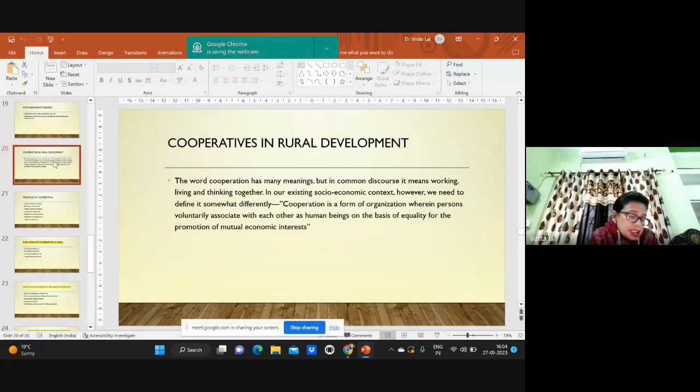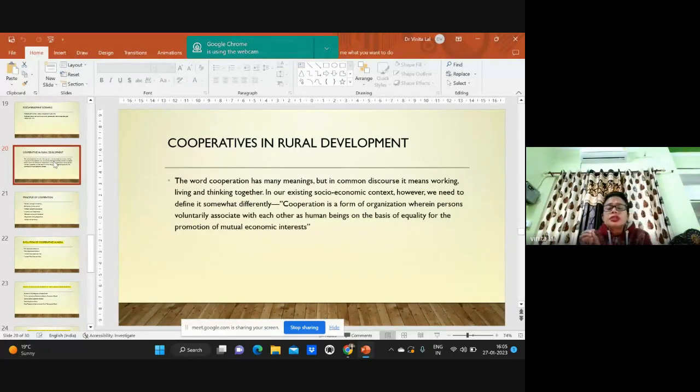The rural economy needs faster and more sustainable development to cater to the needs of its population, and the cooperative society has a responsibility to play a constructive role in this area. Some important characteristics are voluntary and open membership. Cooperatives are accessible to every member of rural society, and they can join or leave the organization as per their choice. And if a member wants to exit the cooperative, they have to give notice before leaving. This is voluntary and open membership.